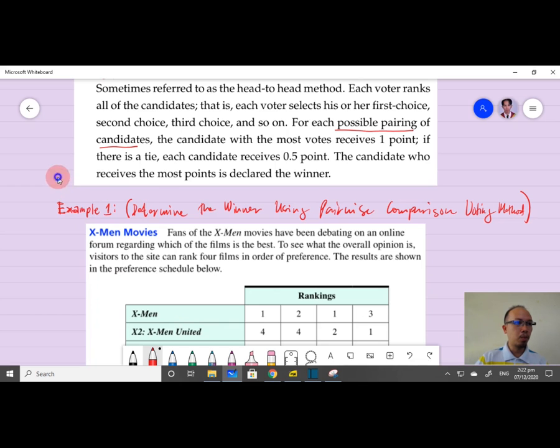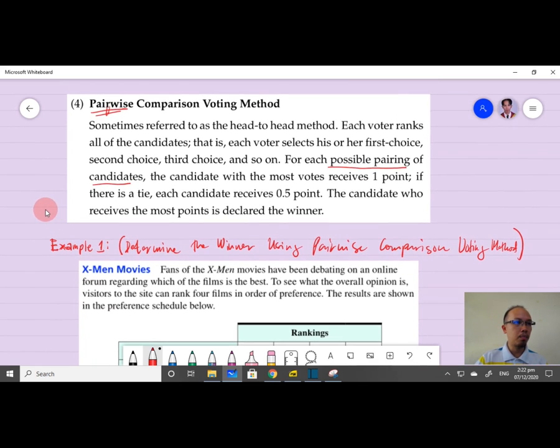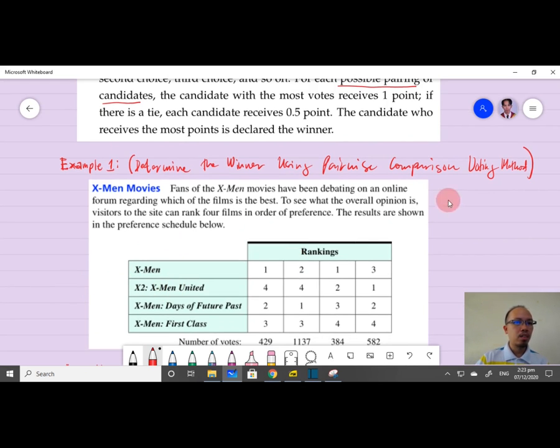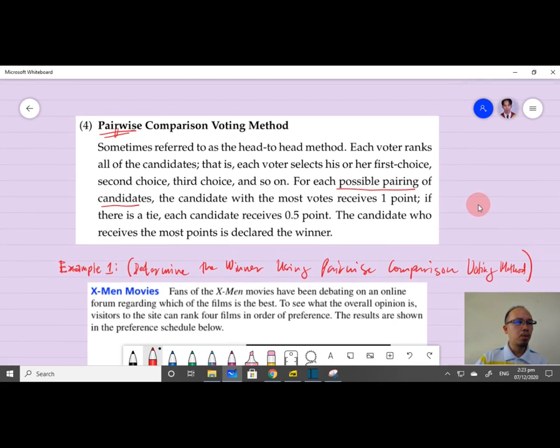This is what we call the pairwise comparison voting method. This is the most troublesome method because there will be many computations. But anyway, let's try to illustrate this method by answering this example.